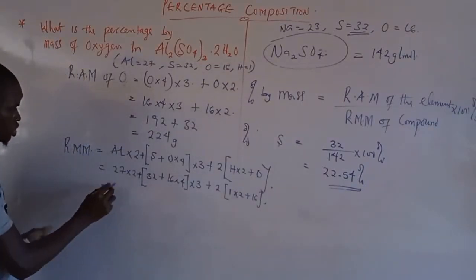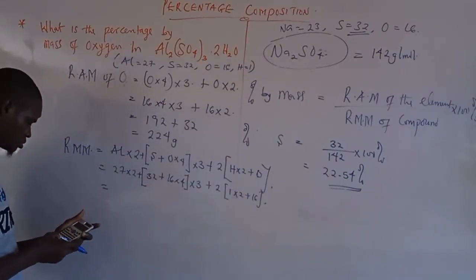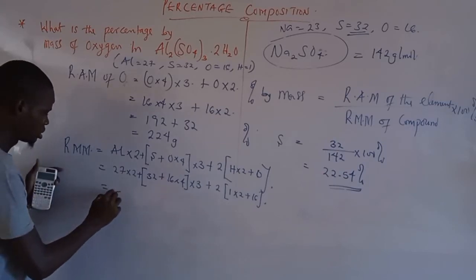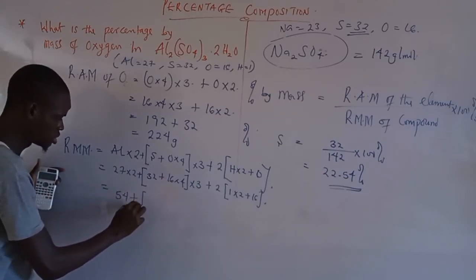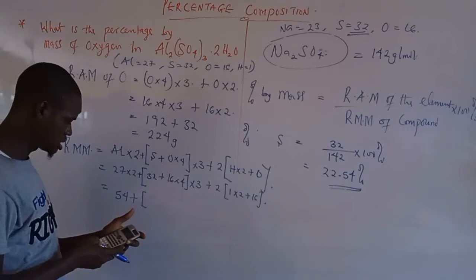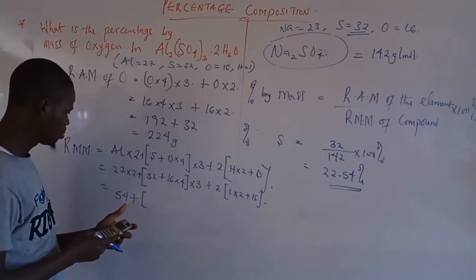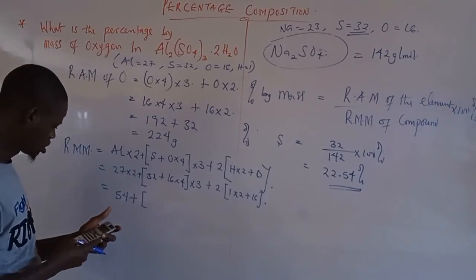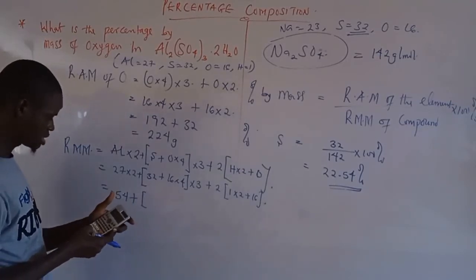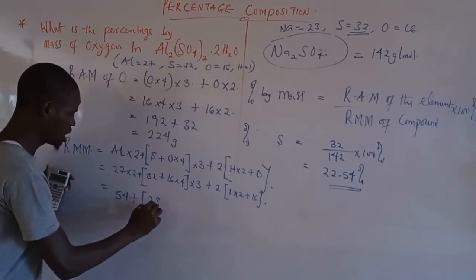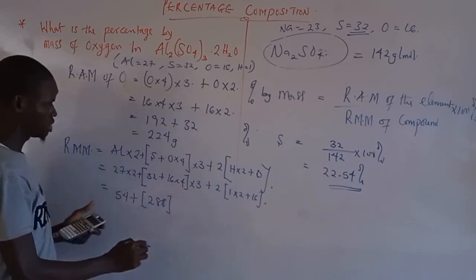Now let's continue. 27 times 2, this is 54, plus, now, 16 times 4, which is 64. 16 times 4 is 64, plus 32, that's equal to 96, times 3, we give rise to 288. This is all about this.